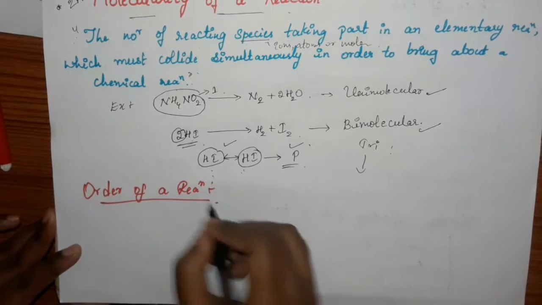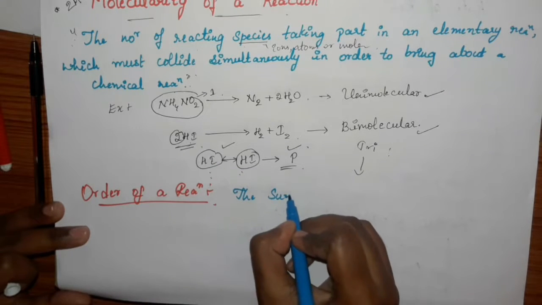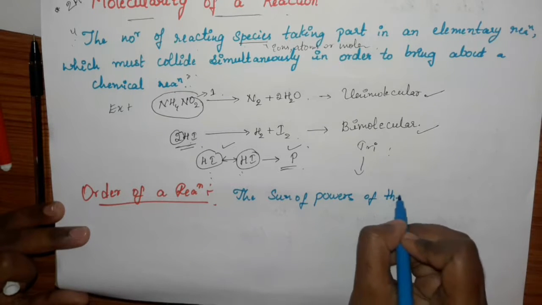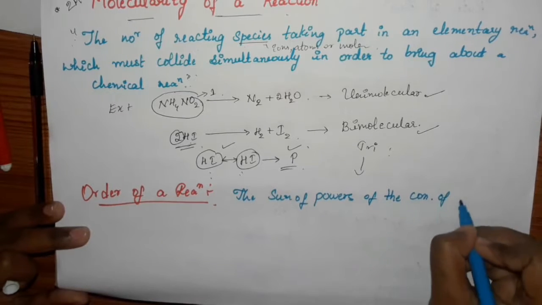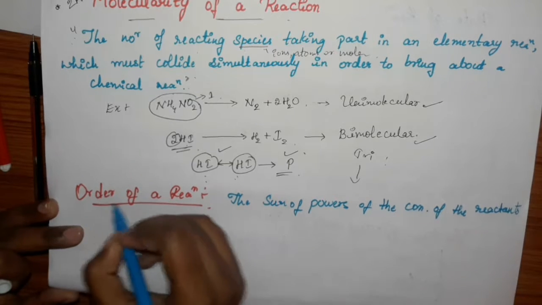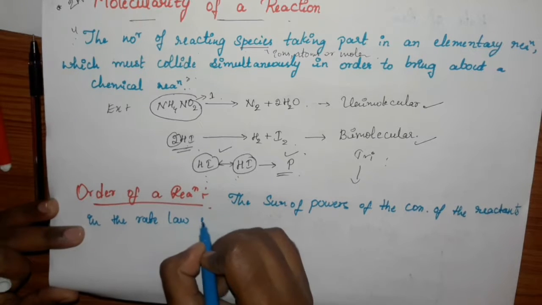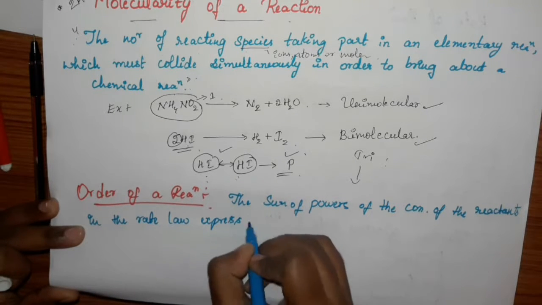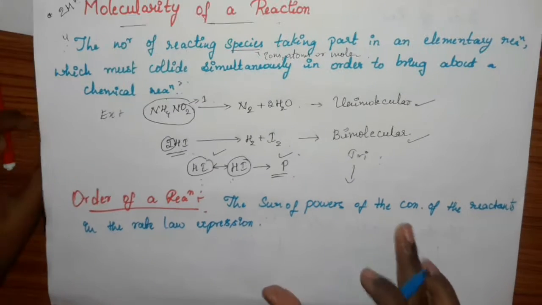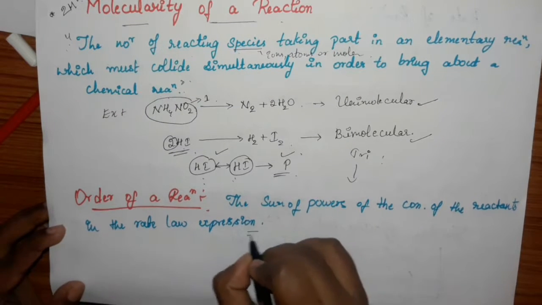Order of a reaction can be defined as the sum of powers of the concentration of the reactants in the rate law expression. The sum of the powers of the concentration of the reactants in the rate law expression is called the order of that chemical reaction.